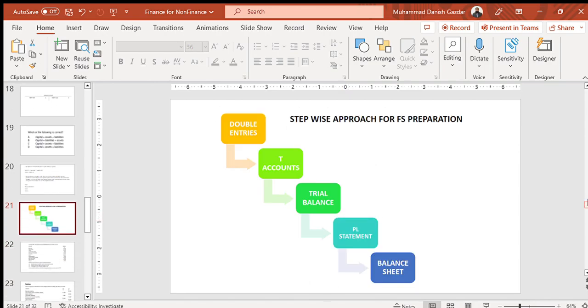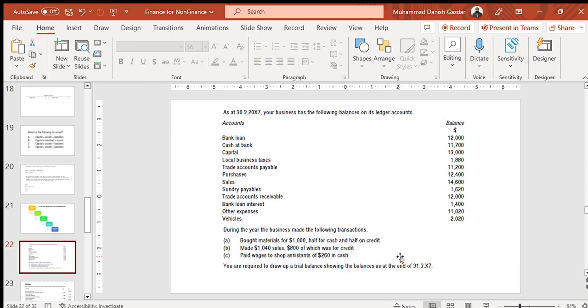Now we would be talking about a stepwise approach for the preparation of financial statements. First of all, you need to pass the double entries. Then you do the T accounts, then there is a trial balance, then comes the P&L, and then comes the balance sheet. We have a small question here. You have a list of balances: bank loan, cash at bank, capital, purchases, sales, payables.